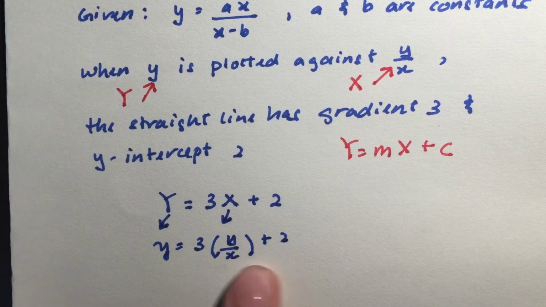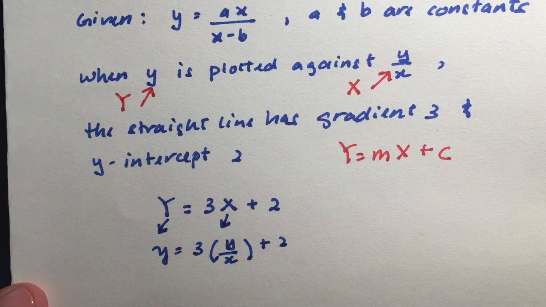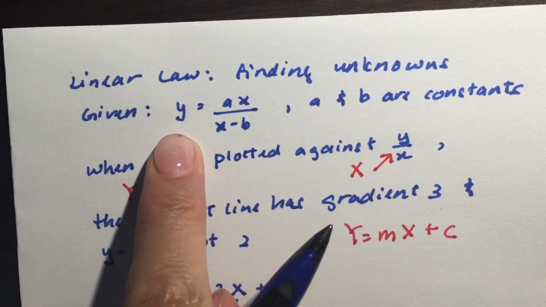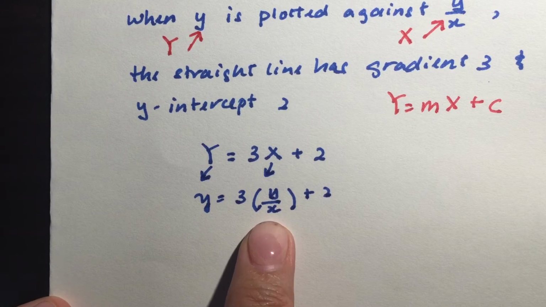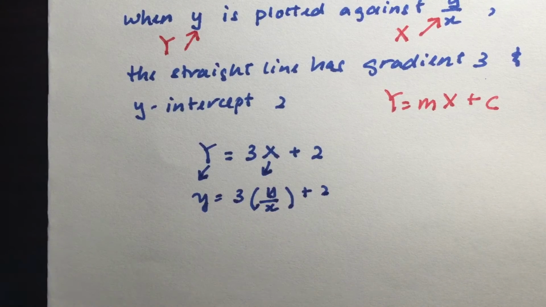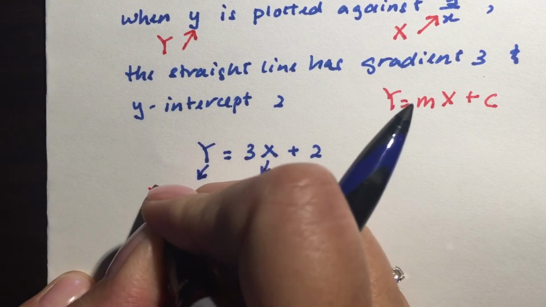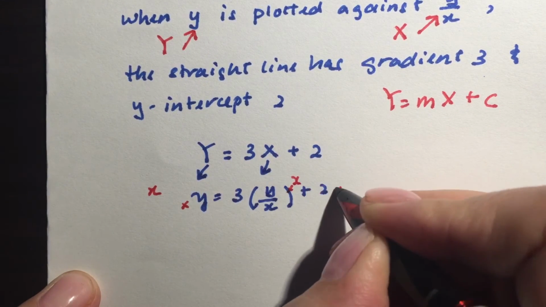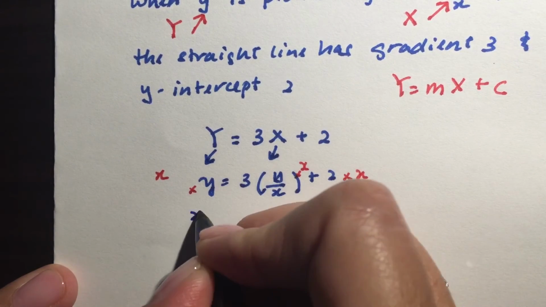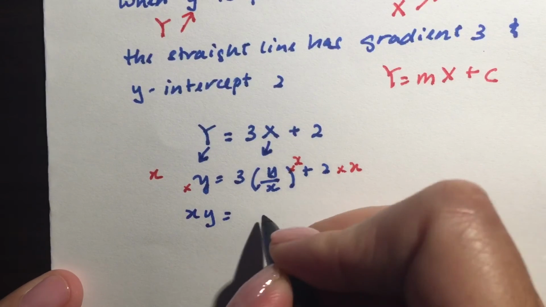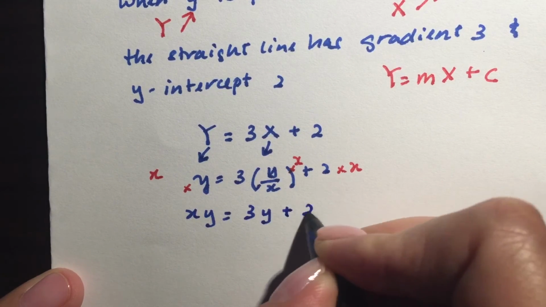Now, all we have to do after this is the same thing that we've been doing. Try to make y the subject, alright? So what we're going to do now is that we are given one of the terms where there's a denominator of x, so let's get rid of the x term by multiplying all by x. Okay, so it divides out. So what we will have is xy equals 3y plus 2x.